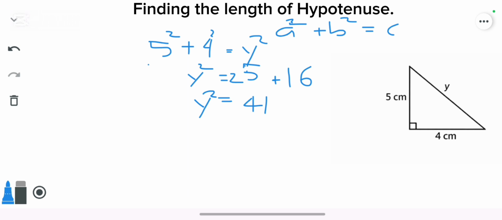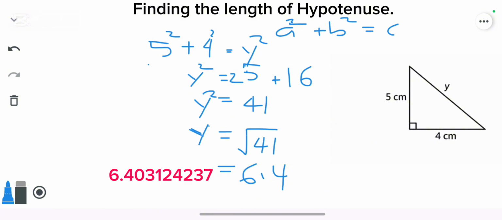And now we are going to find the square root of 41. So the square root of 41 is equal to 6.4.